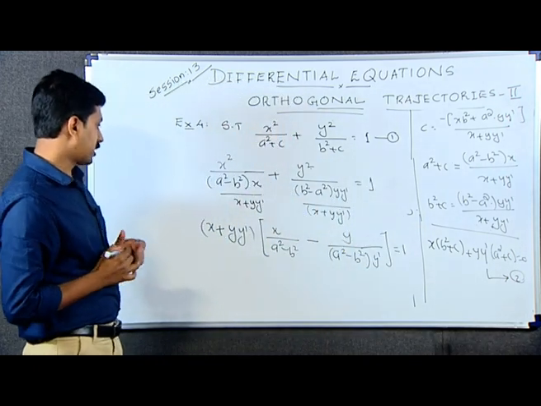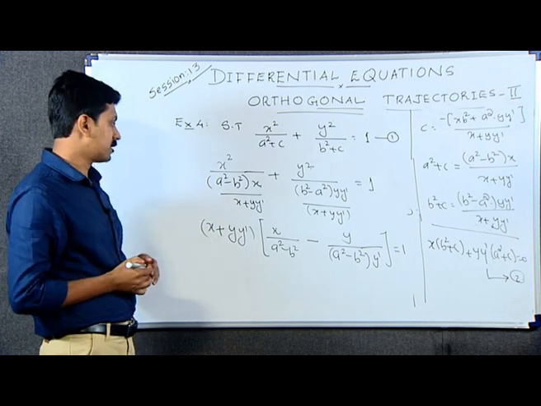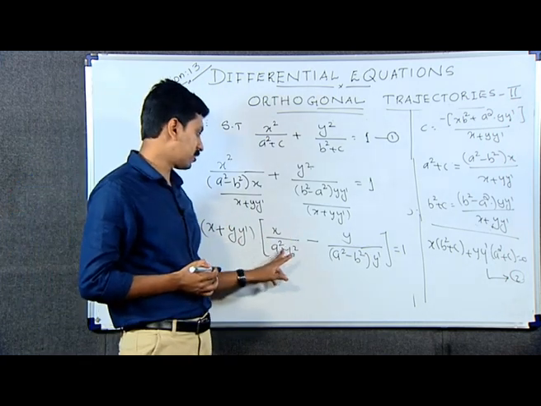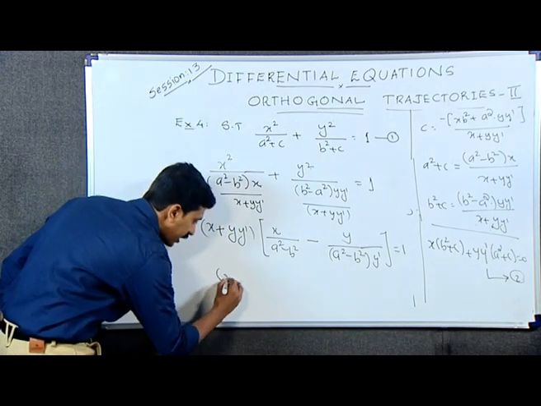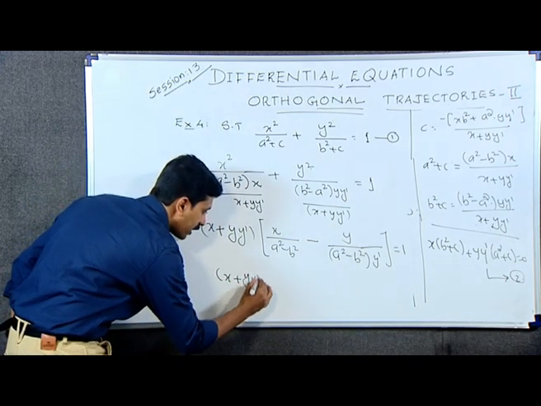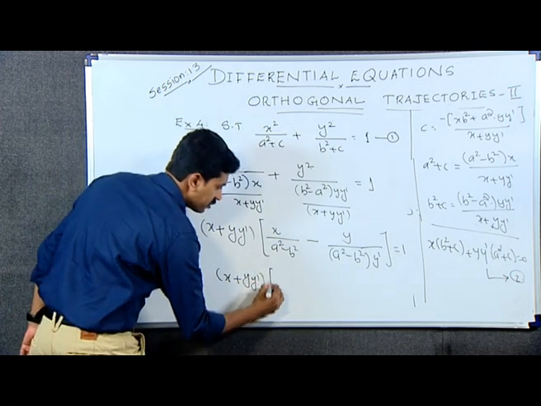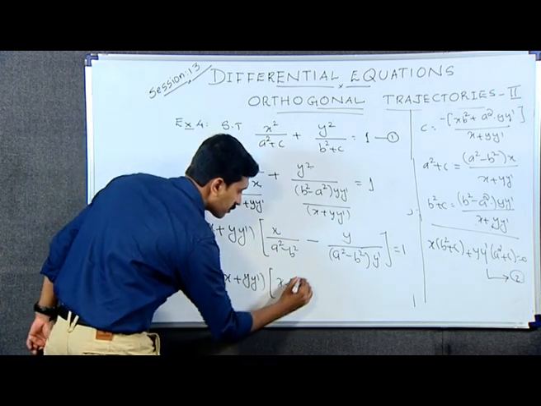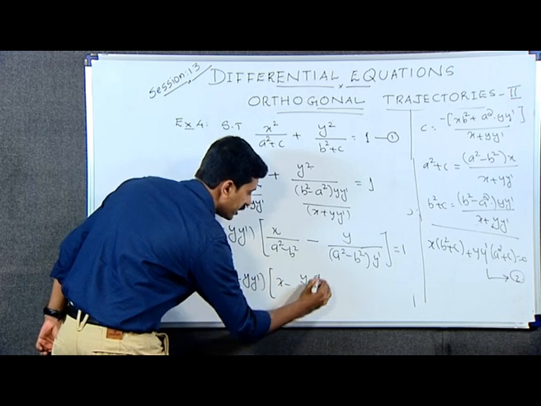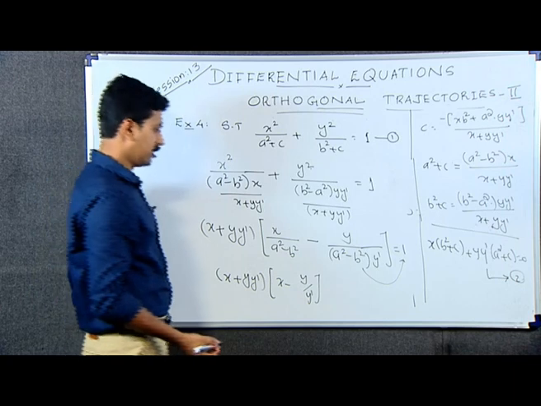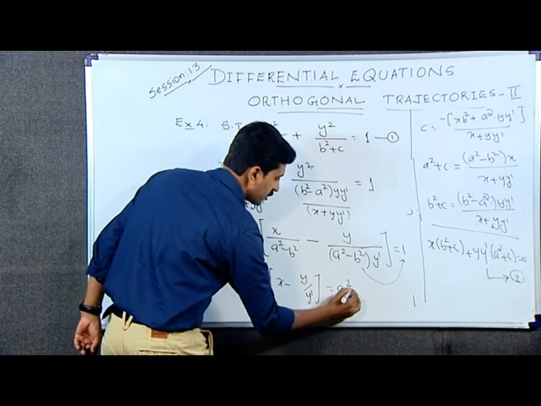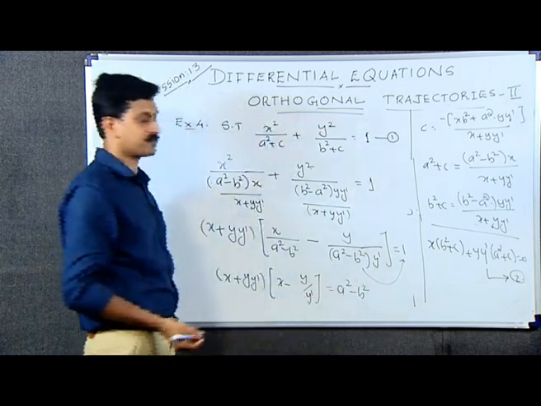So, I am taking x plus y dash, and here x and a square minus b square are common in both sides in the denominator, therefore again we can replace: x plus y dash into x minus y divided by y dash. I am taking this common denominator a square minus b square to the right side, this is equal to a square minus b square.